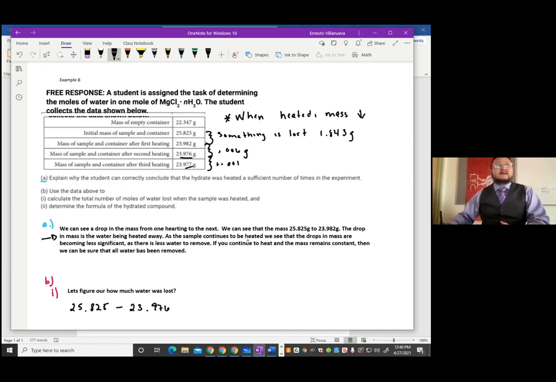Just to make it easier on us, we're going to use the last one. So 25.825 minus 23.977. That gives me a total loss of 1.848 grams of water lost.